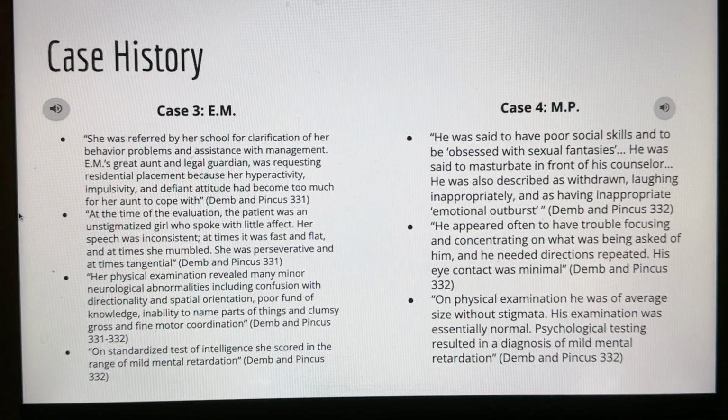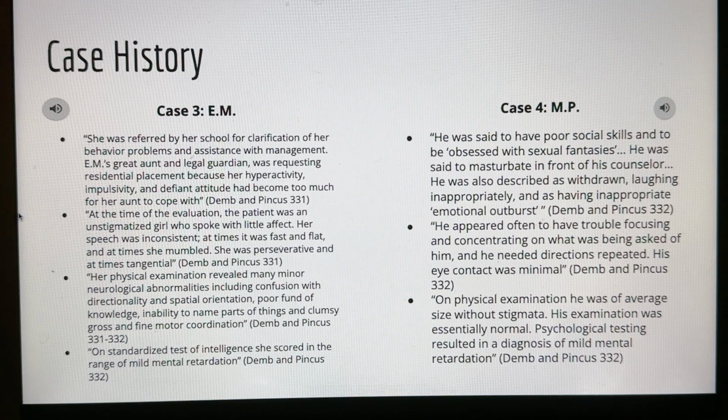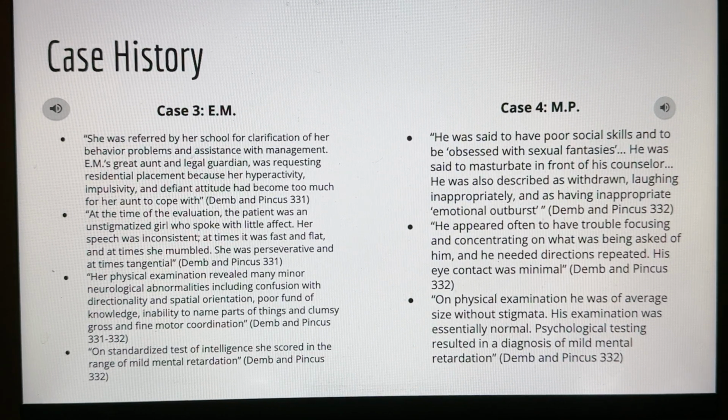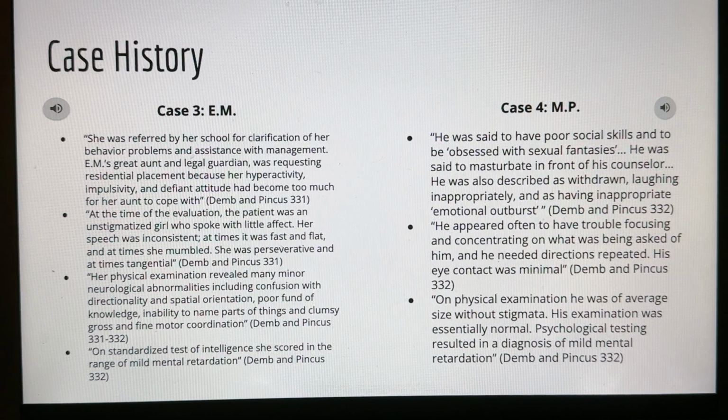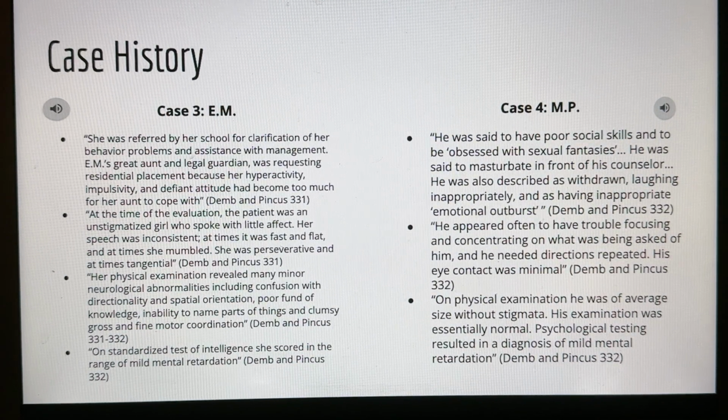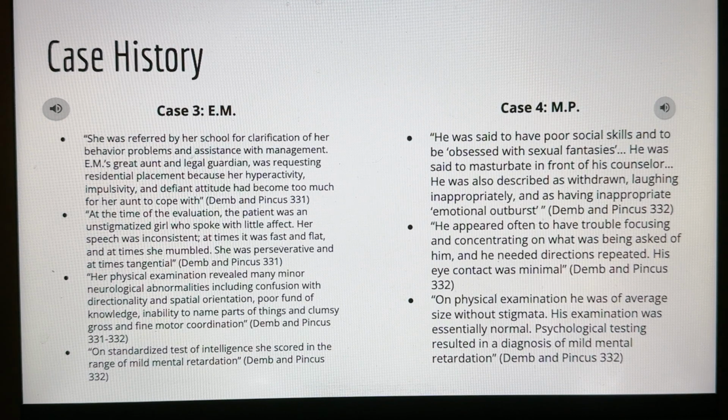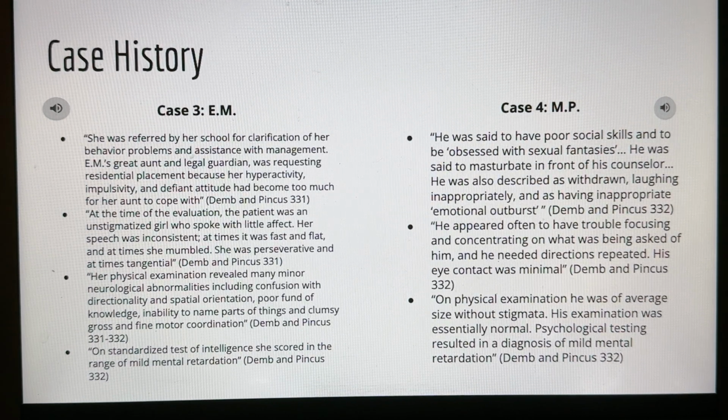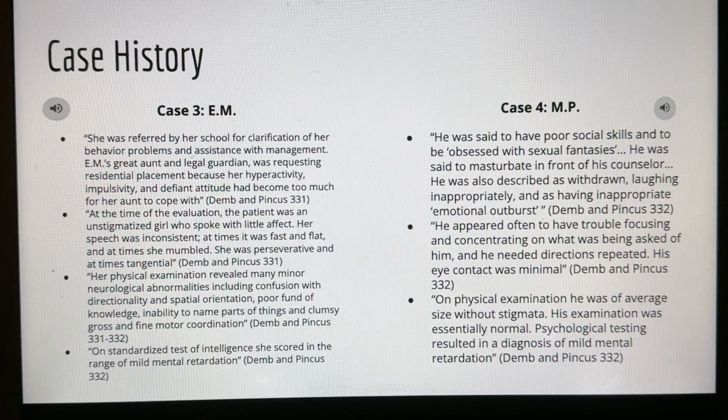She was referred by her school for clarification of her behavior problems and assistance with management. E.M.'s great aunt and legal guardian was requesting residential placement because her hyperactivity, impulsivity, and defiant attitude had become too much for her aunt to cope with. At the time of the evaluation, the patient was an unstigmatized girl who spoke with little affect. Her speech was inconsistent at times, it was fast and flat, and at times she mumbled.